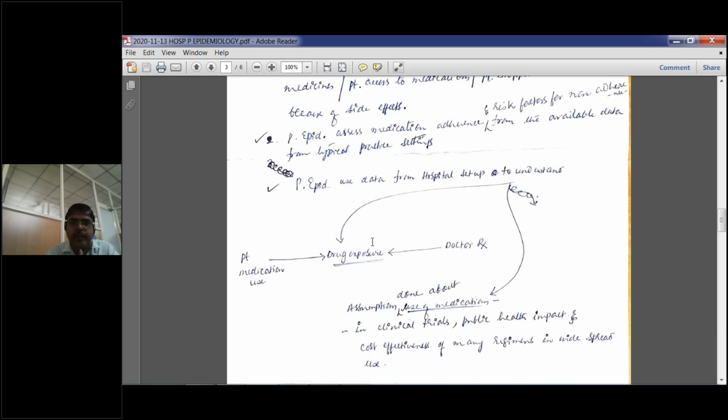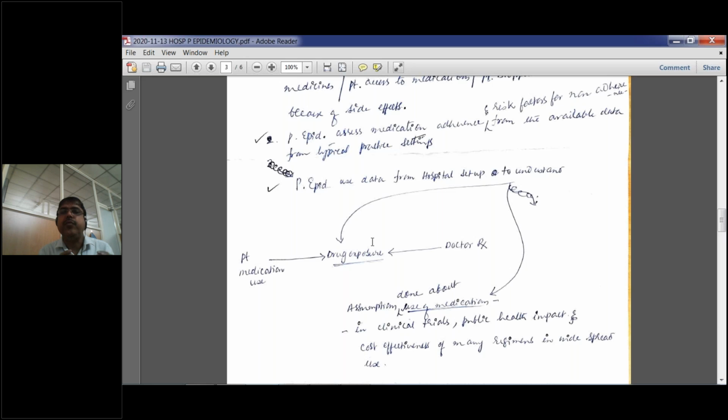That is one thing. And also whether they're adherent or not adherent. But how many patients really get exposed to the drug? That is the indication of whether they are affected by the drug or not. Okay. So this is what we need to understand.